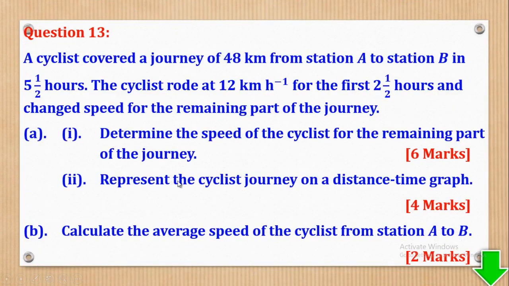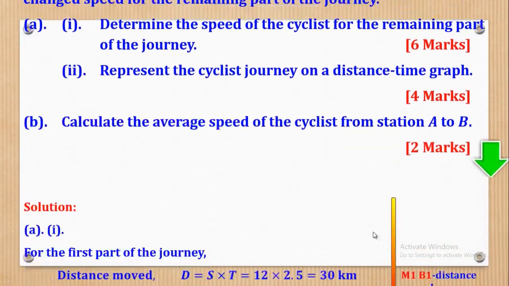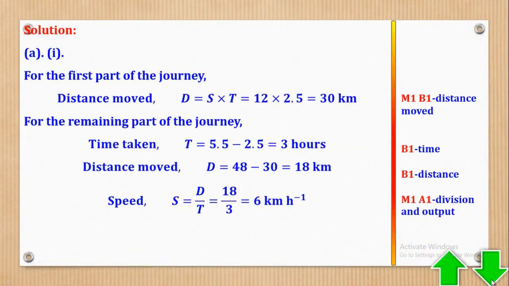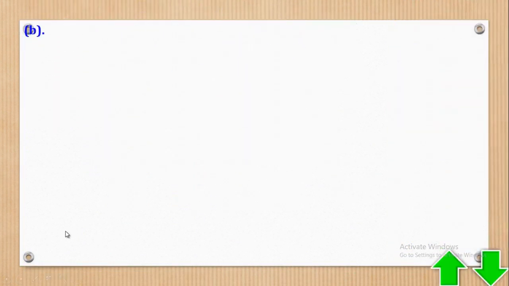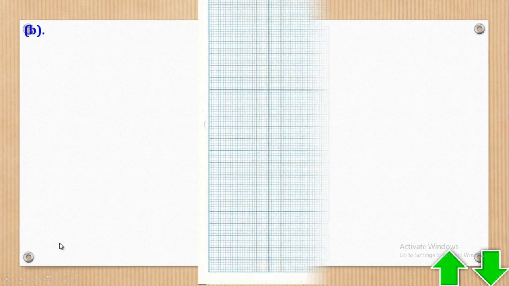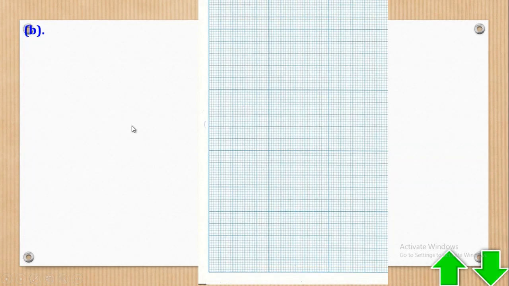Roman 2, they said represent the cyclist's journey on a distance time graph. So that means we need a graph paper. So that is our graph paper. Next we have to draw axes and label them, the horizontal axis and the vertical axis.